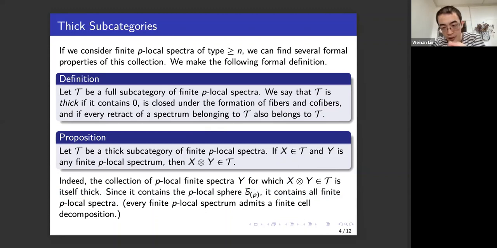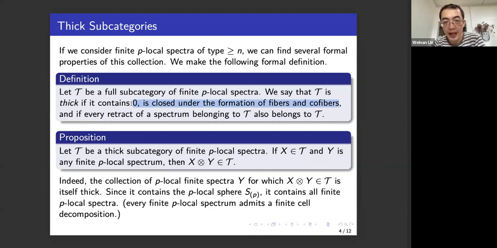Why? If a thick category contains the sphere, then it contains all finite p-local spectra, because every finite p-local spectrum admits a finite cell decomposition. Let me break this down. We know that the thick category contains 0, and it is closed under the formation of fibers and cofibers.